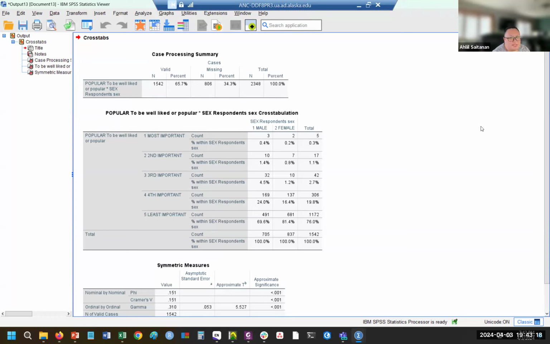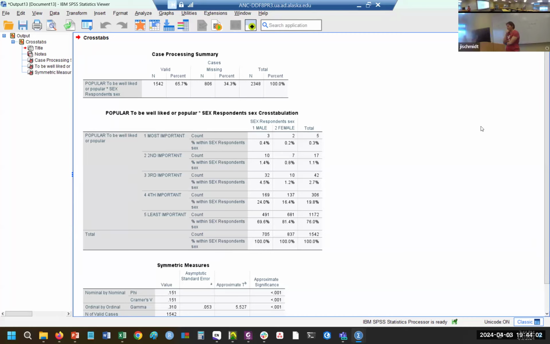With the least important, I thought that was a little interesting, 491 compared to 681, just because my assumption would have been the opposite, that women would care about being well liked or popular. But maybe that's probably due to something about stature, like in the workplace or with friends and fitting in and whatnot.